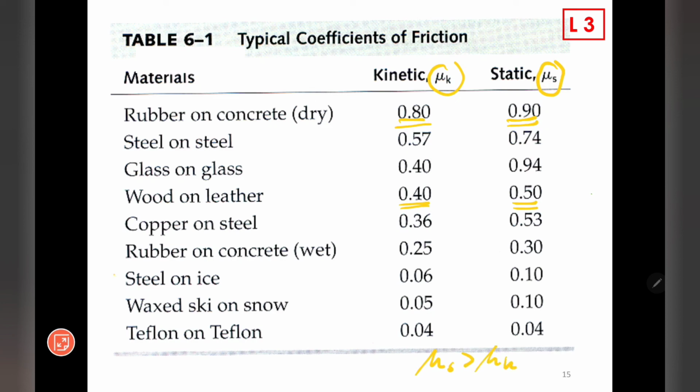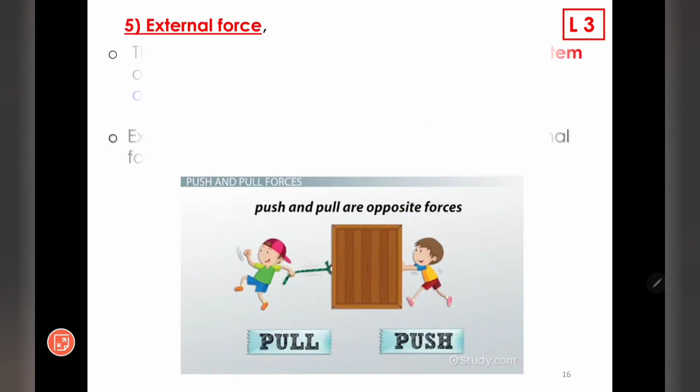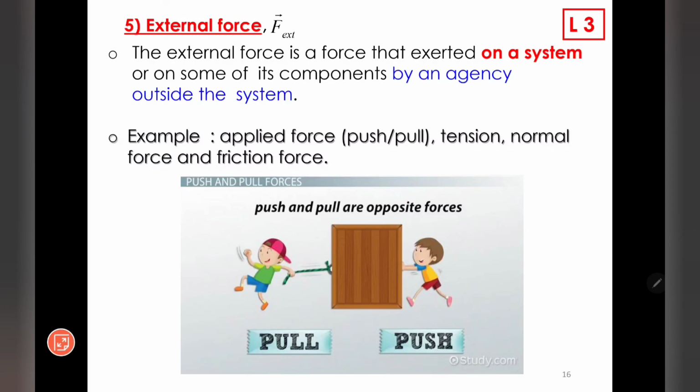Alright, and the last force given here is the external force. The symbol of any external force is F external. An external force is a force exerted on a system or on some of its components by an agency outside the system.